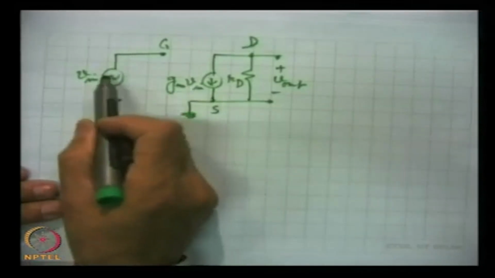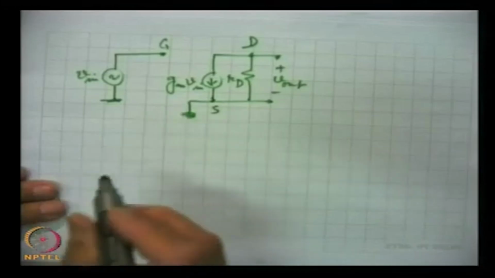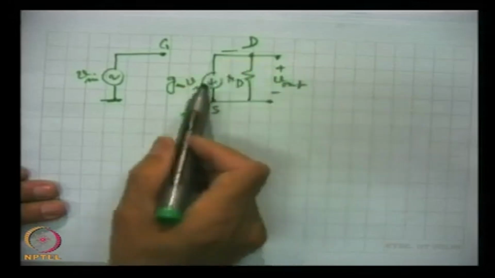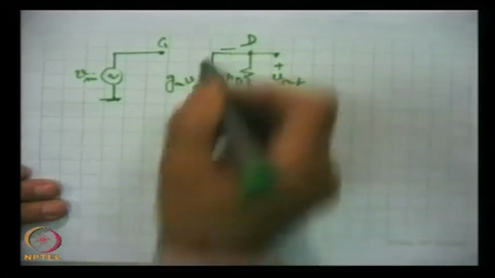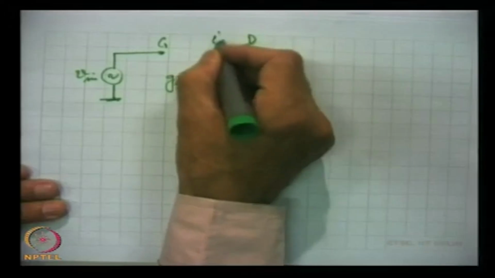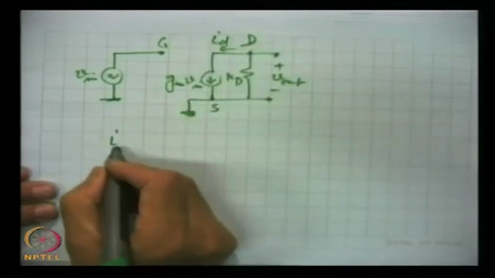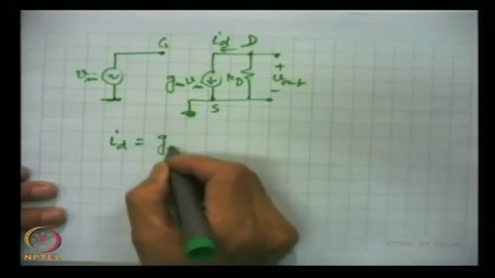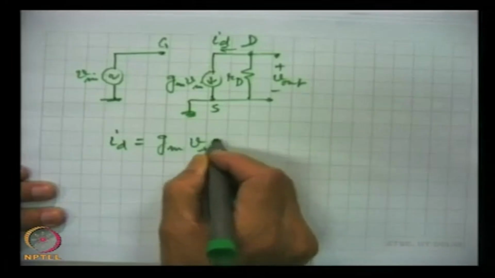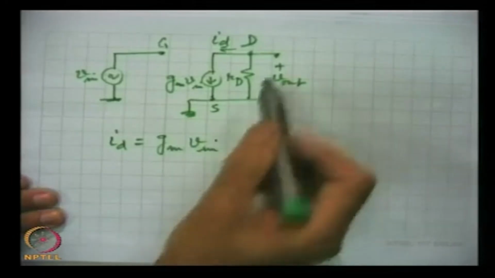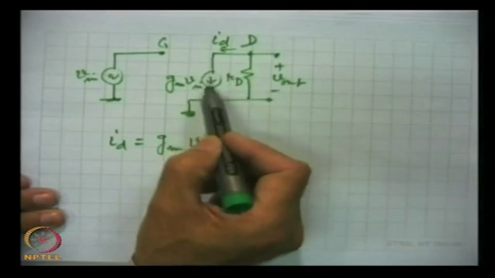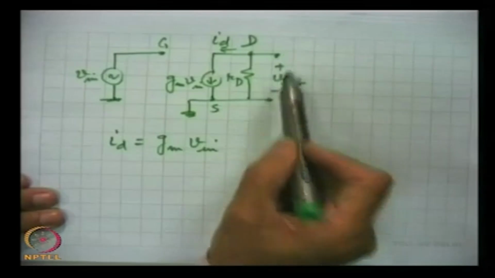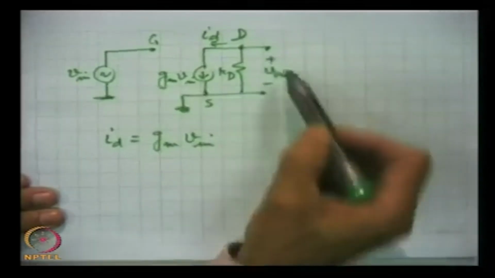V in is the input voltage. Then the drain current ID is this current source, and see the direction. This ID, the drain current in the circuit, is equal to GM into V in. Look at the direction of current here, this way, and the direction we have taken for V out is just opposite.